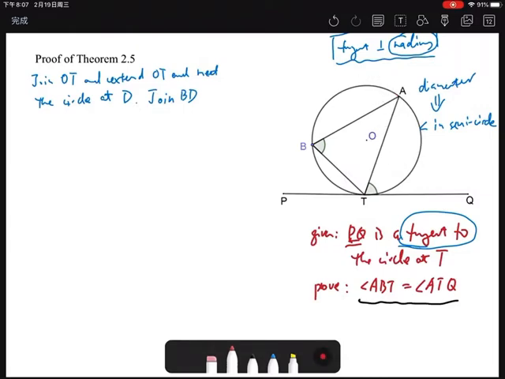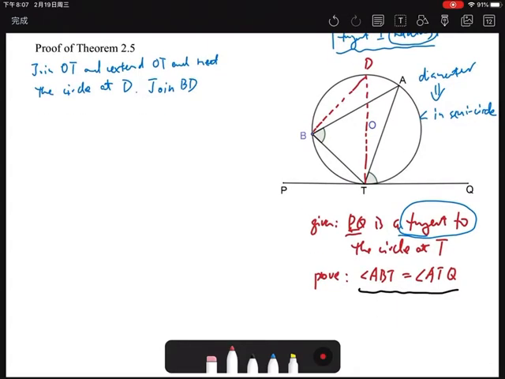So now let's draw the graph again. Join OT and then extend it, and here is point D, and this is the join BD. Now we can write the result.